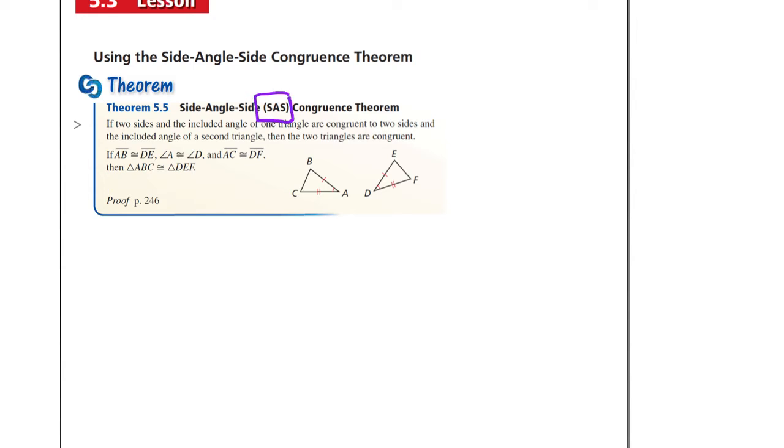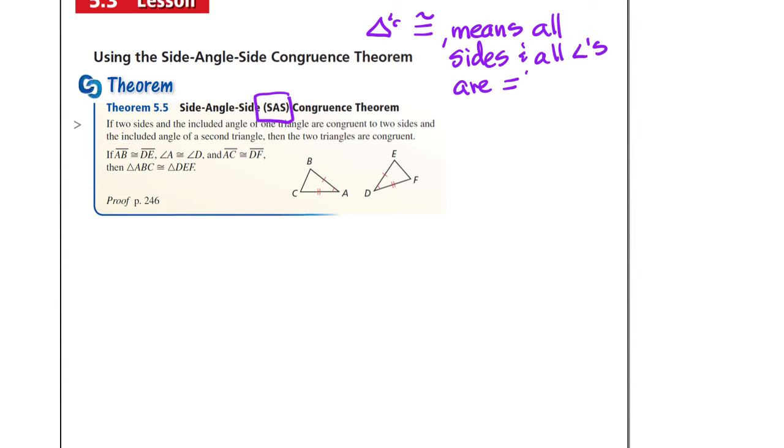And if you recall in the previous video, I talked about the idea that the definition of congruent means that all sides and all angles must be equal in order for triangles to be congruent.